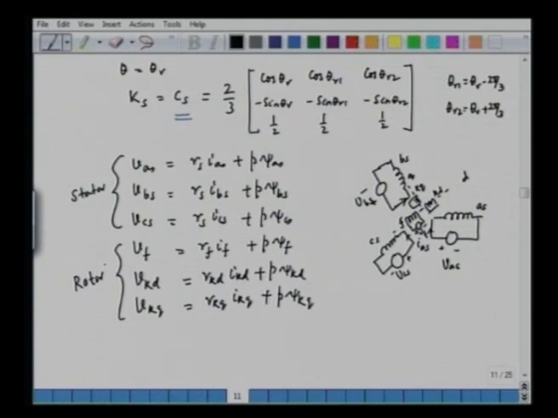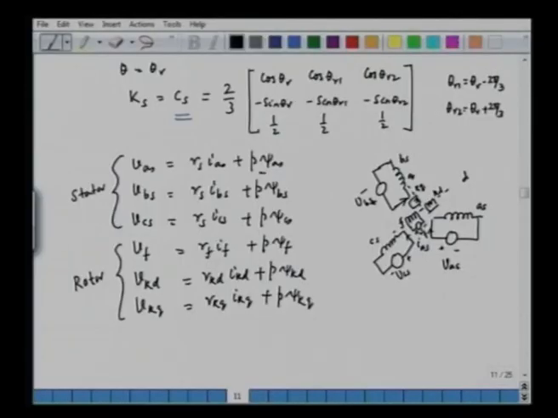These are simultaneous differential equations, and when we solve them we get the values of the various currents IAS, IBS, ICS, IF, IKD and IKQ. When we have the currents, we can find the torque, and from the torque we can solve the electromechanical equation to find the speed.